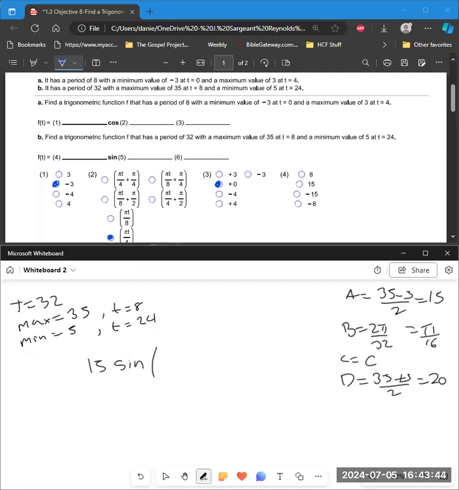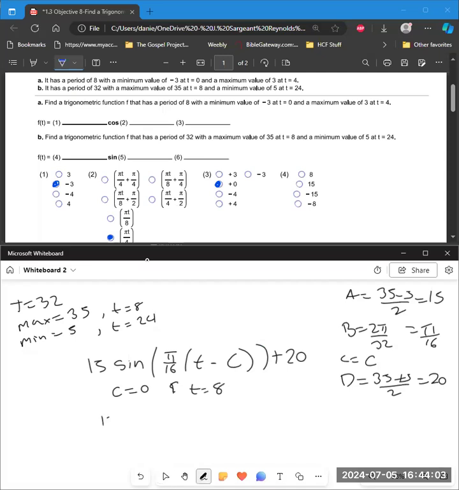So we have 15 sine of pi over 16 t minus c plus 20. And again, we're going to try c equals 0 with one of the points that we were given and see if we get the right value.